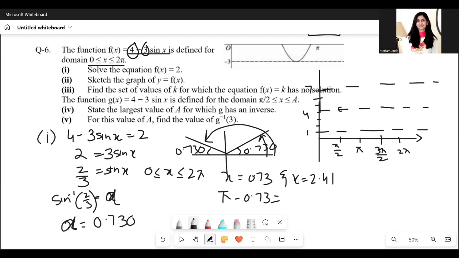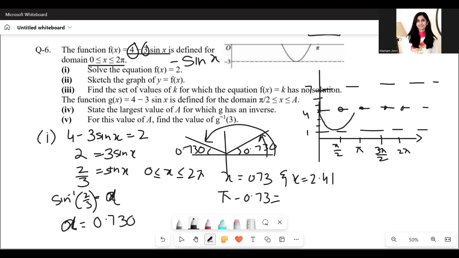I'm going to project these here. Now I'm going to draw the graph of minus sin x within this region, because minus sin x is going to be an upside down sine graph. So I get something like this.